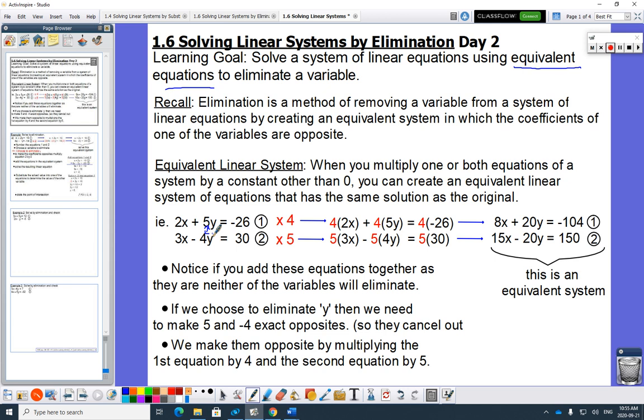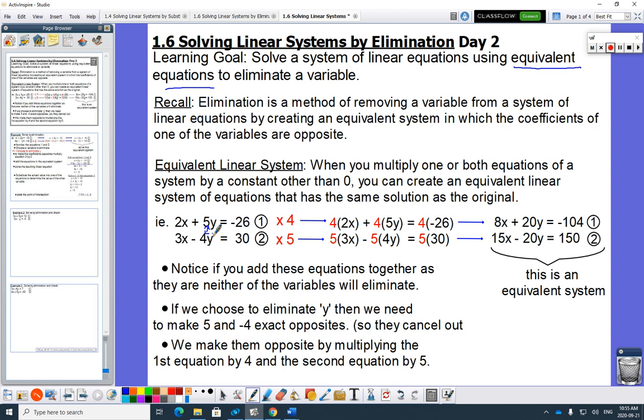So this equation by 4, because I want to make an equivalent y value here so that they will eliminate or become 0. If I multiply 5y by 4, I get positive 20y. If I multiply negative 4y by 5, then I get negative 20y, okay?